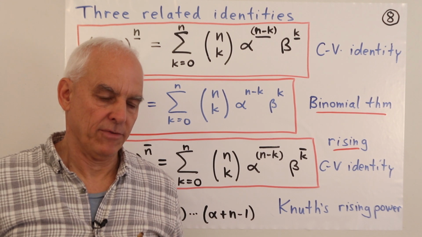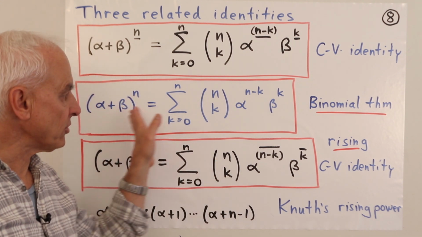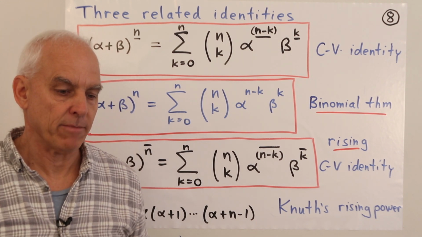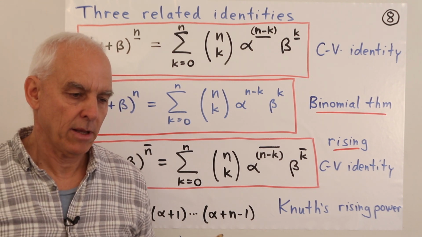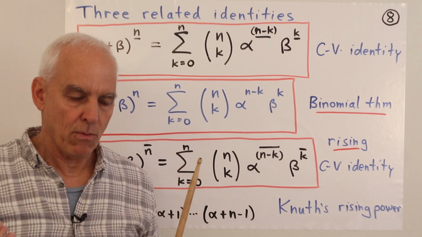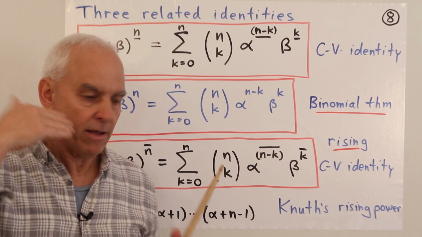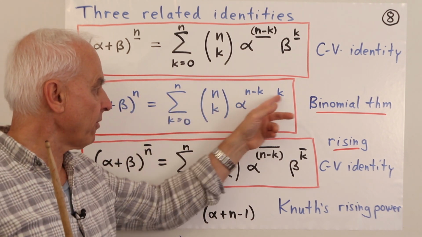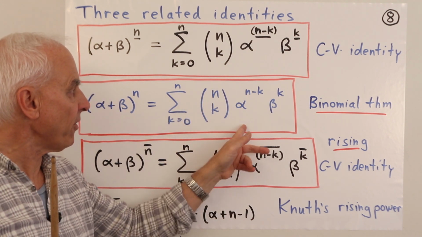There's something amazing about this, that this fundamental theorem that all students of mathematics learn and appreciate has an almost direct verbatim analog where you replace the powers with falling powers. Just replace each of these powers with falling powers, and that's all you do to go from this one to this one.